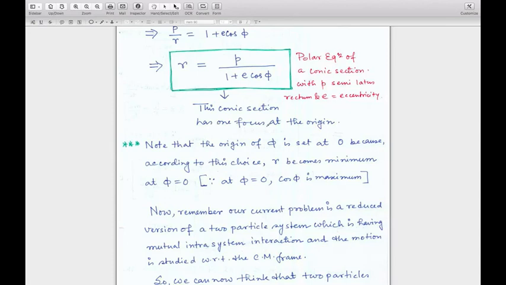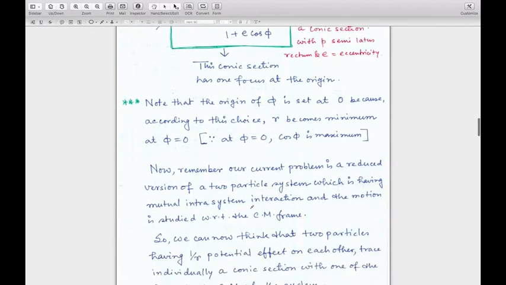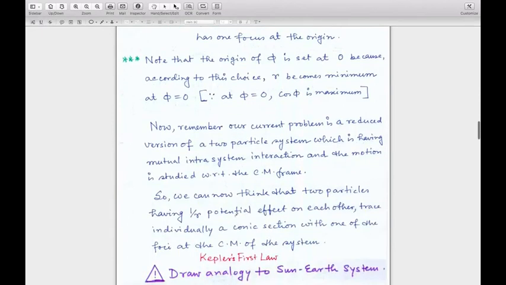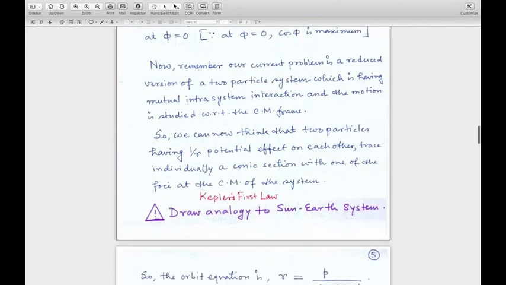Now, remembering the original problem where the origin is the CM frame, we can translate the whole conclusion for the original system and think that two particles interacting with each other by a 1 by r potential basically trace individually a conic section with one of the two foci at the CM of the system. And this is nothing but the famous Kepler's first law.